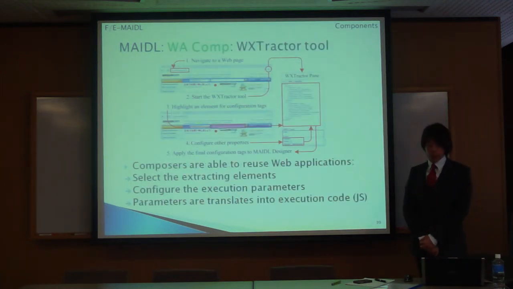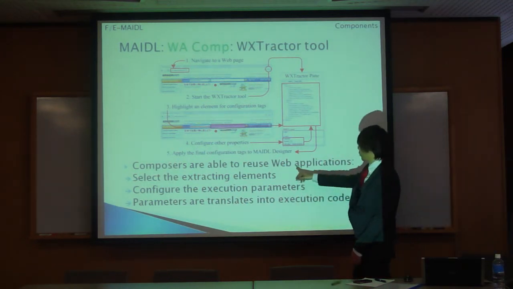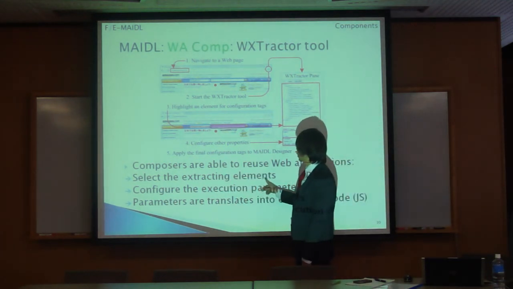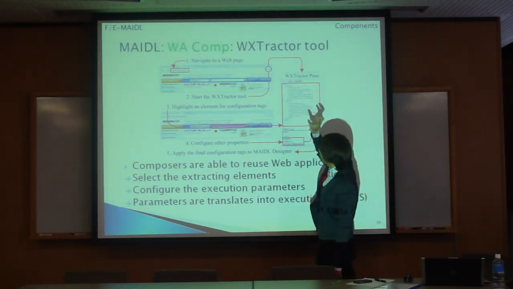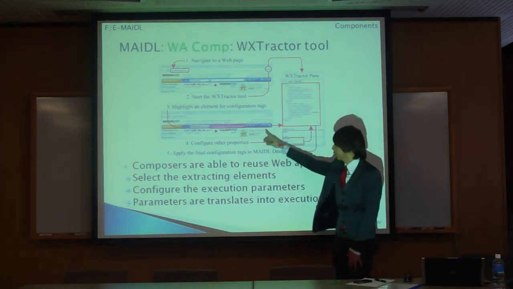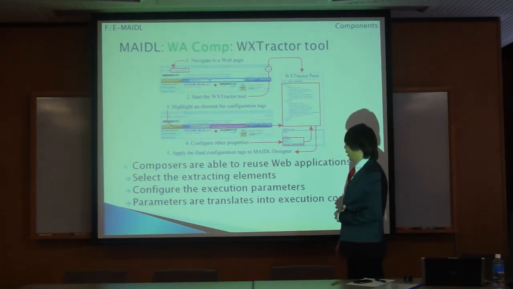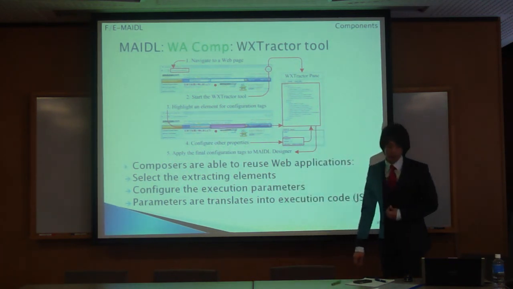So in the tool called View Extractor, the composers are able to reuse a web application by selecting the extraction element. So you go to, for example, Amazon.com, you select some of the elements, and you have the configuration parameters, and you configure the execution parameters.